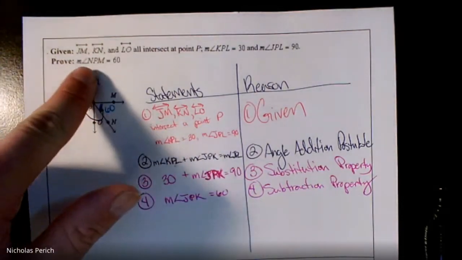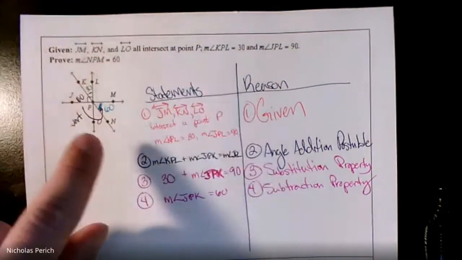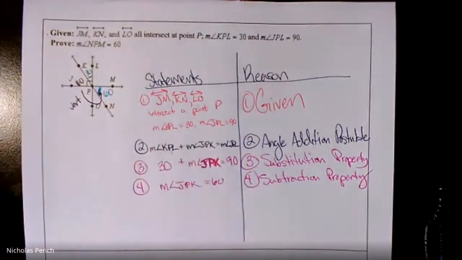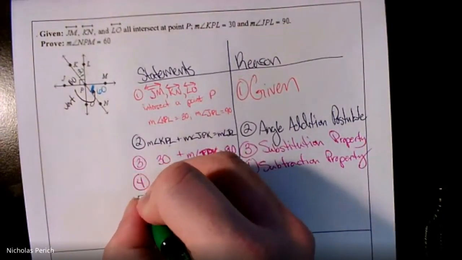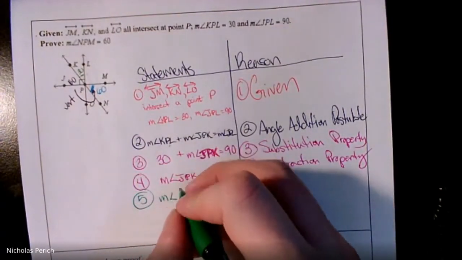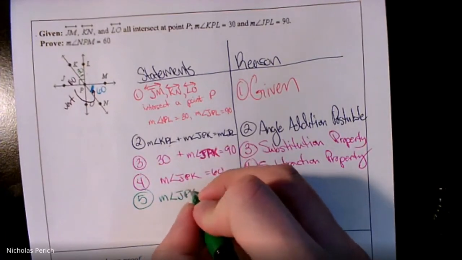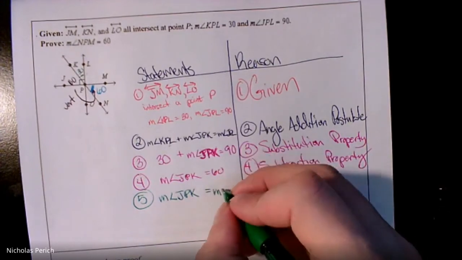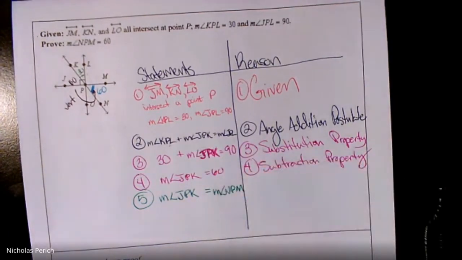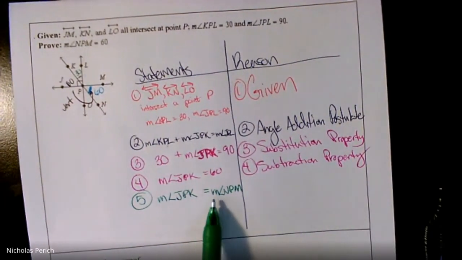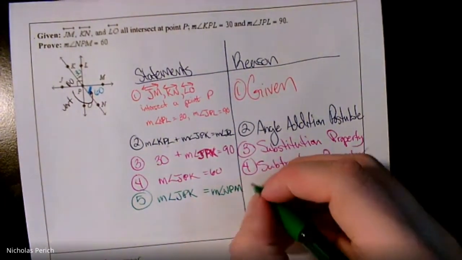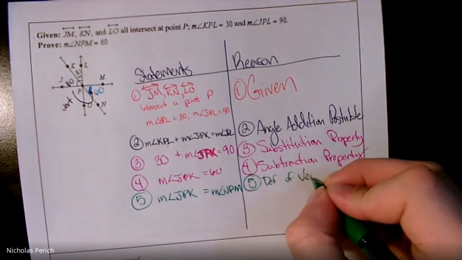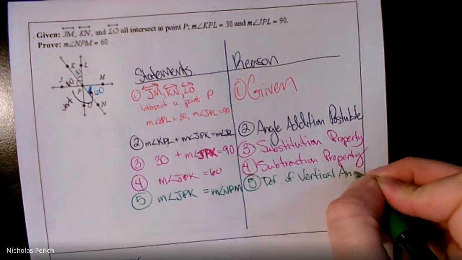My goal is to find out what NPM is. Look, NPM and JPK are vertical to each other. And if they're vertical to each other, then the measure of angle JPK is equal to the measure of angle NPM. And that's the definition of vertical angles.